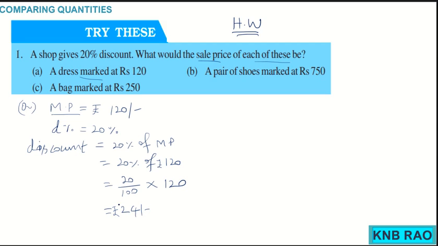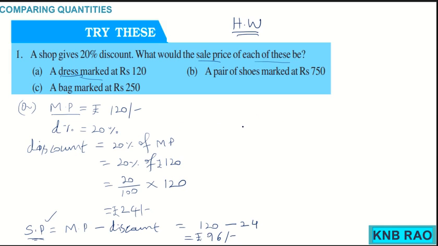Once you know the discount amount, sale price is marked price minus discount allowed on it, that is 120 rupees minus 24 rupees gives us 96 rupees. So that is the sale price of the dress.